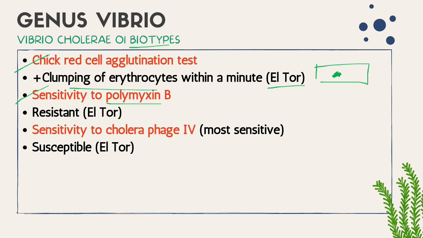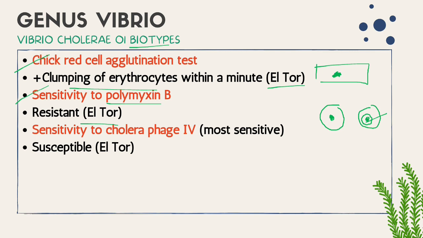So our El Tor is resistant to polymyxin B. That means, for example, on a Mueller-Hinton agar, there is no zone of inhibition around our disc. Complete growth around our disc is observed. While for susceptible, for example here, our disc has a zone of inhibition. That means the polymyxin B is strong against that particular organism.